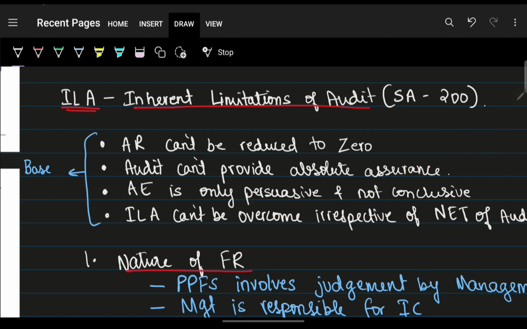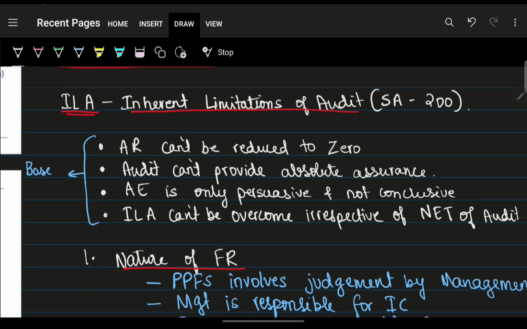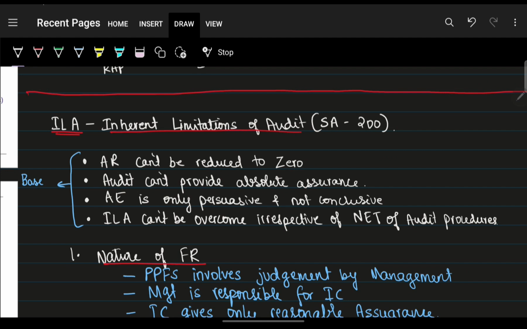So here audit evidence is only persuasive and it is not conclusive, meaning it only indicates, but it is not 100% sure. Next, inherent limitations of audit cannot be overcome irrespective of nature, extent, and timing of audit procedures. Irrespective of how many audit procedures you do, it still cannot be overcome.